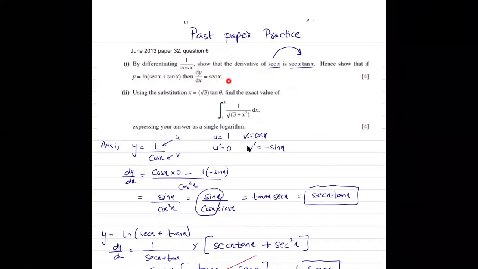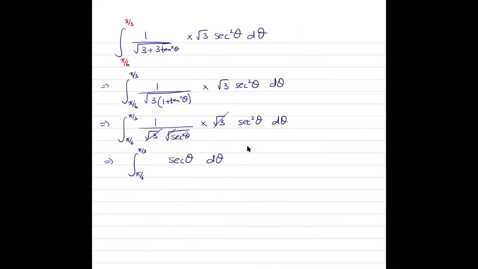Now, if I want to integrate secant x, would you agree that I'm going to get ln secant x plus tan x back? The integration of secant x is this from the question. Yes. So I'm going to use that integration now.